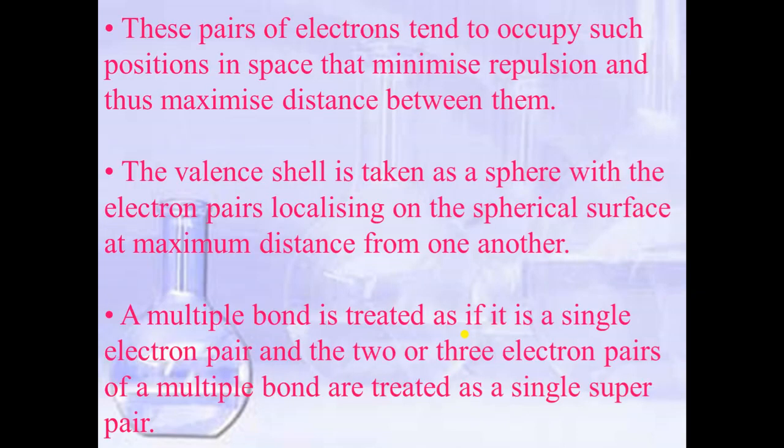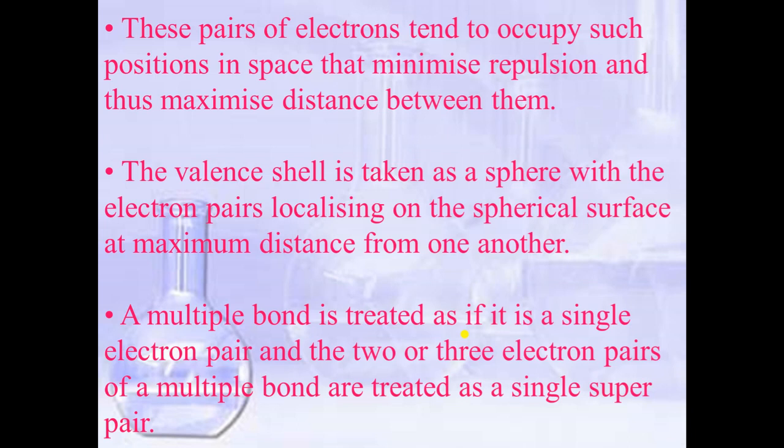Next, these pairs of electrons tend to occupy such positions in space that minimize repulsion and thus maximize the distance between them. The electron pairs will arrange themselves in such a way that they acquire stability, and stability will be there if there is minimum repulsion.